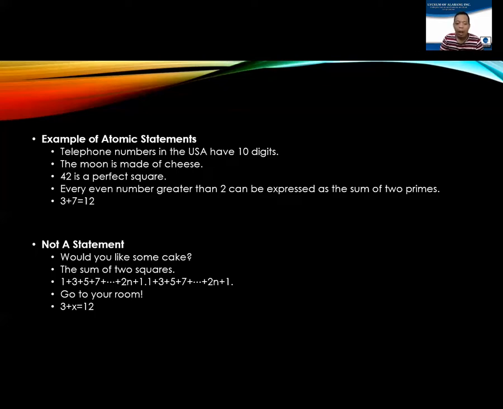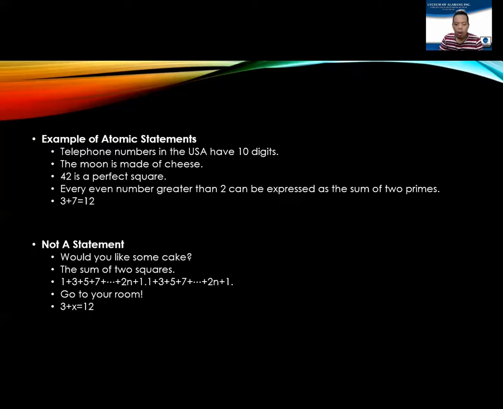This could be done by specifying a specific substitution. For example, 3 plus x equals 12, where x is equal to 9. So definitely, this is a true statement. Okay, that makes it a true statement.